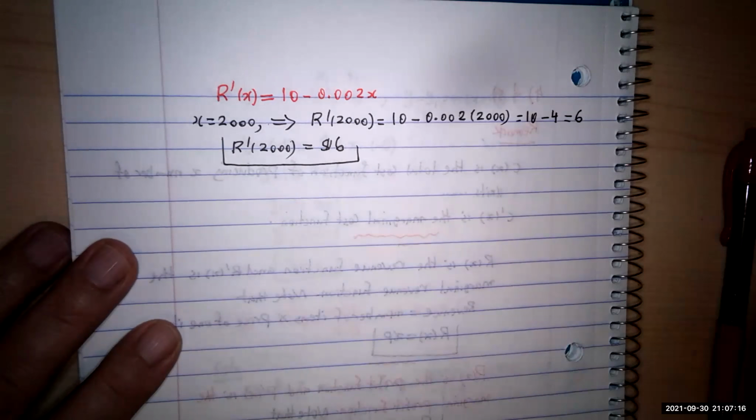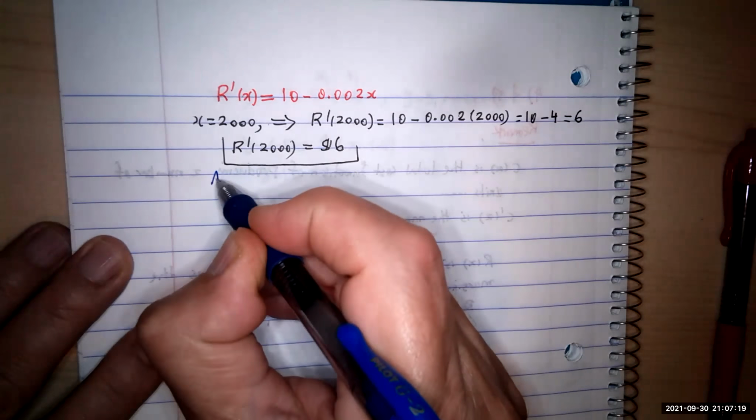That's it. So the best way to write it down is you have to give us a level of production.